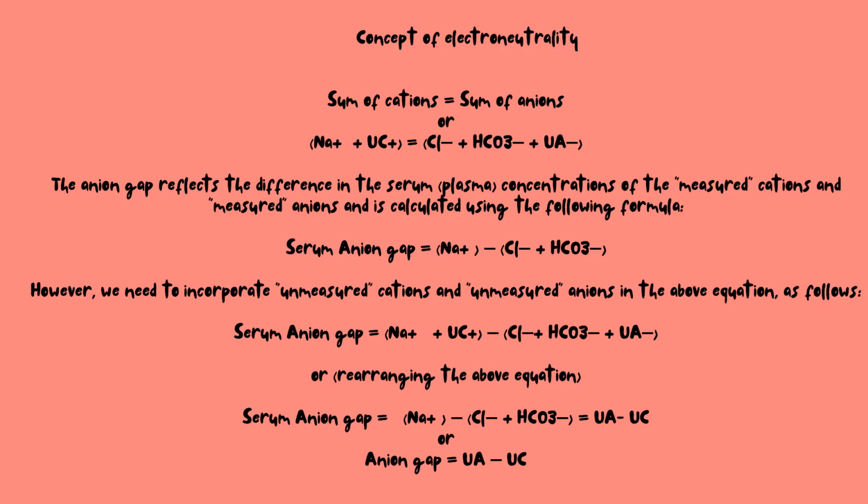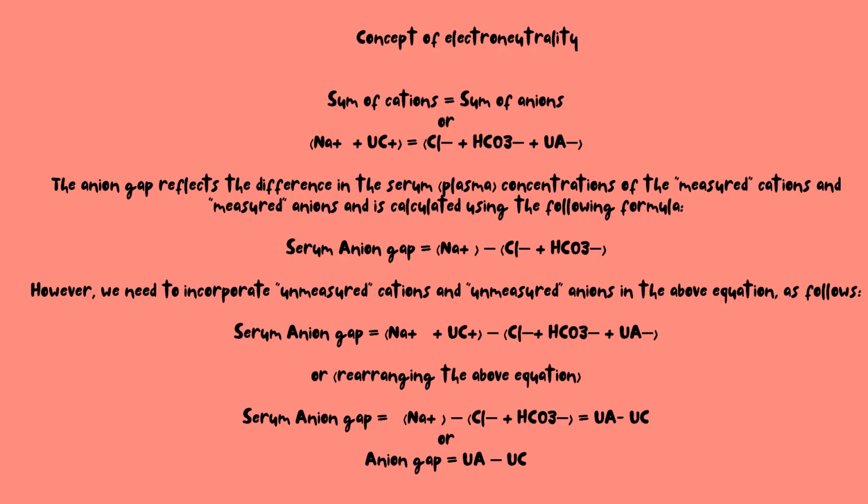So when you rearrange the formula, you get a serum anion gap formula of sodium minus chloride plus bicarbonate equaling unmeasured anions minus unmeasured cations. So the anion gap can be either the measured cation sodium minus chloride plus bicarbonate, or the anion gap can be unmeasured anion minus unmeasured cation.